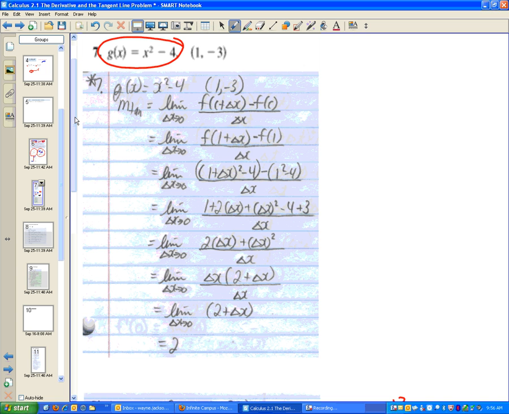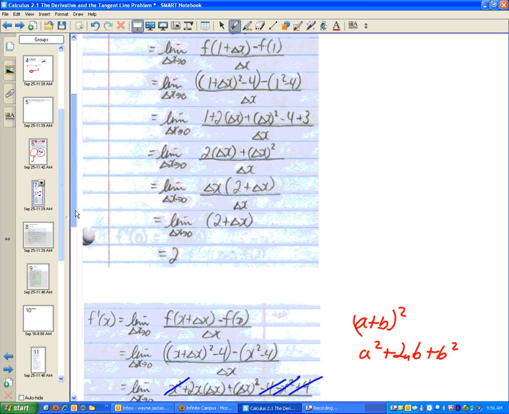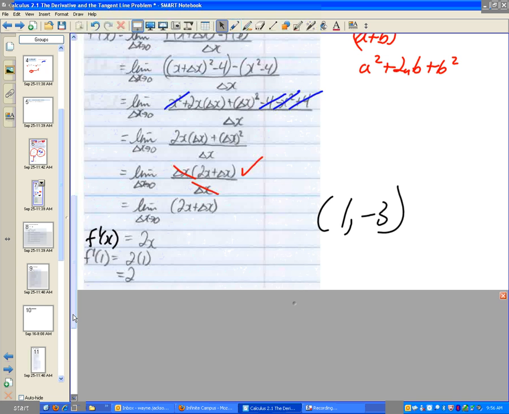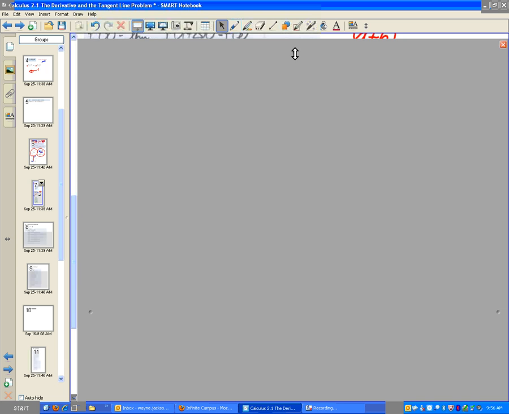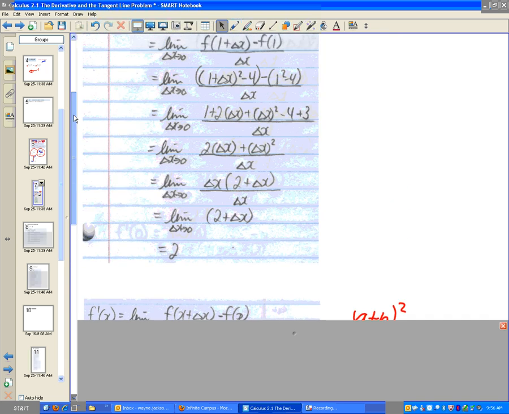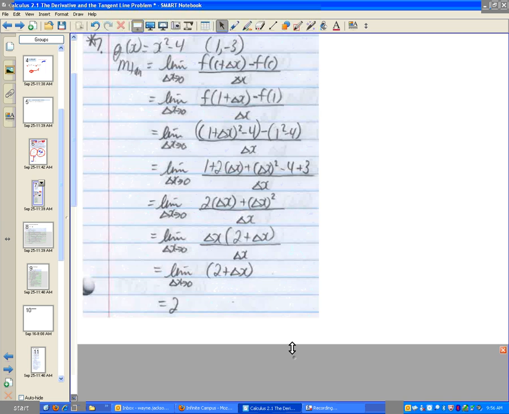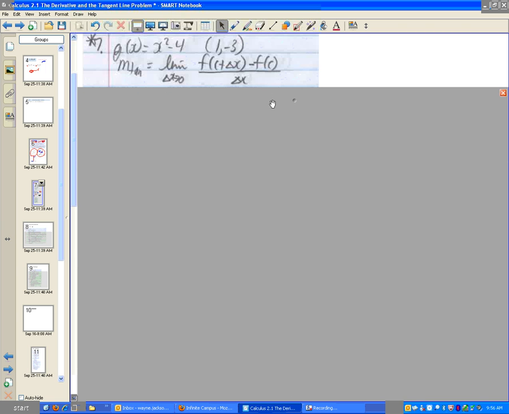Now, the way I skipped at the beginning was to use the definition of the slope of the tangent line instead of the definition of derivative. Now, the book's version of the definition of the slope of the tangent line has a c here and a c here instead of an x, like the definition of derivative has.